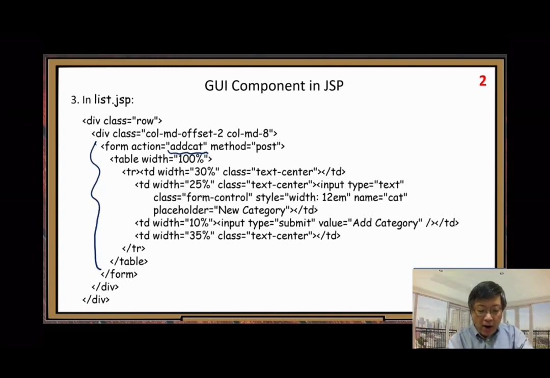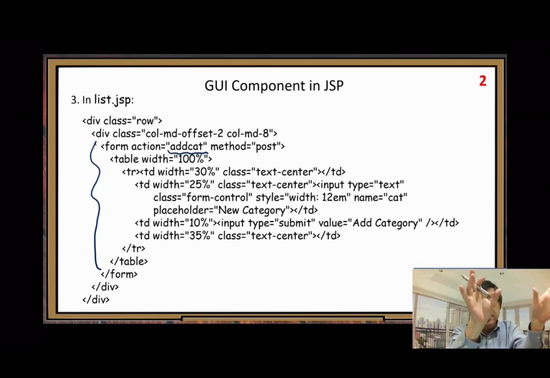For the remaining part, we use a table, because for the category add part, we use one row in our current layout. For that one row, we need to arrange an input field to enter a new category, and a button to submit the data.